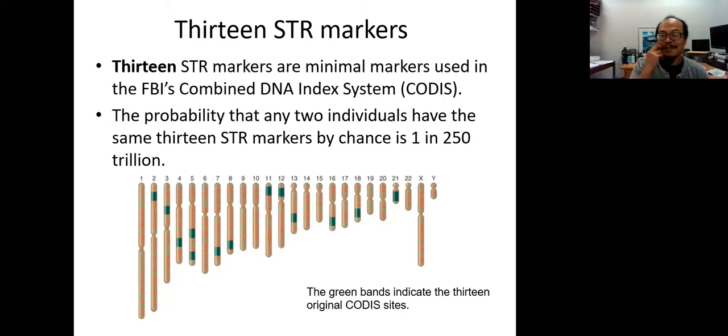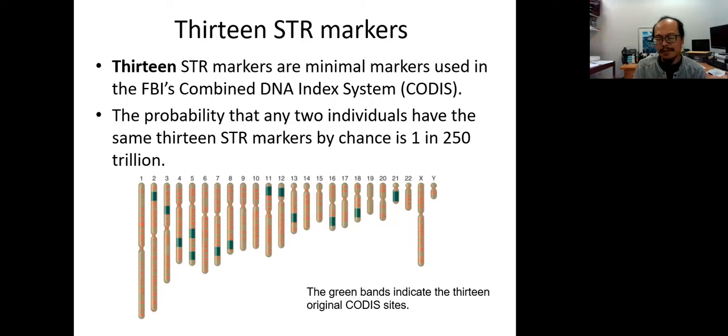Another thing is that we can use this to identify remains, say, in a war. If the bodies are destroyed, we cannot identify whether these legs or this body belong to this soldier.